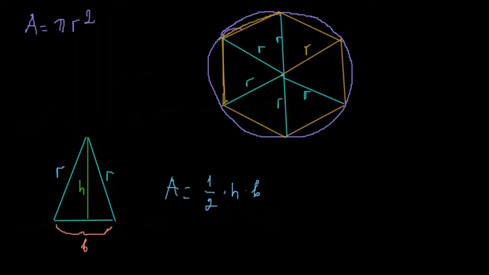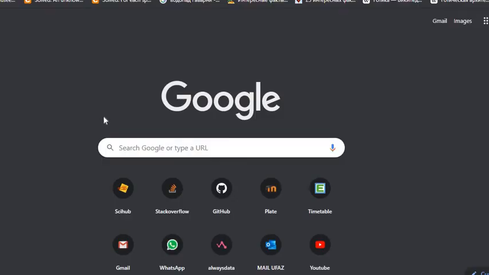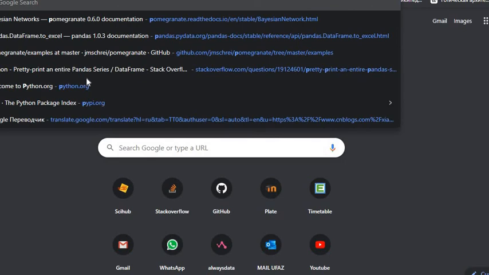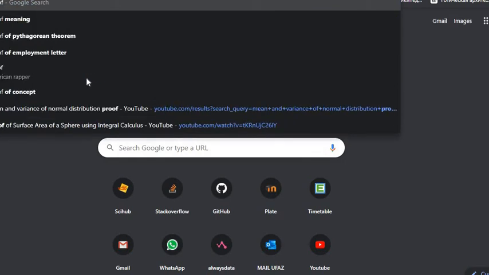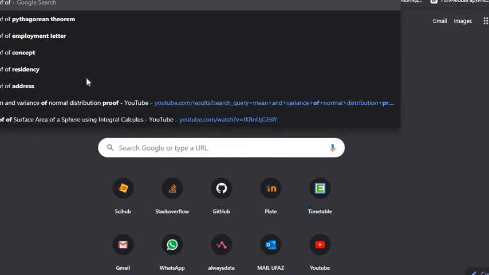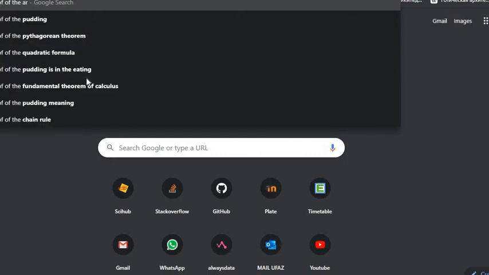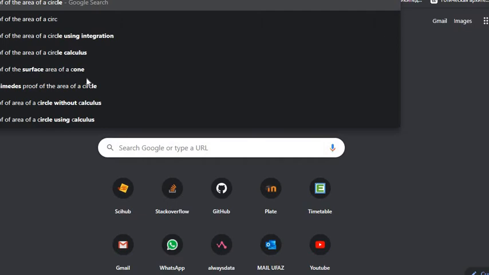There is actually a very nice demonstration, a proof of the area of a circle.